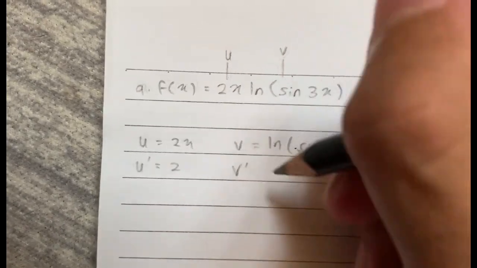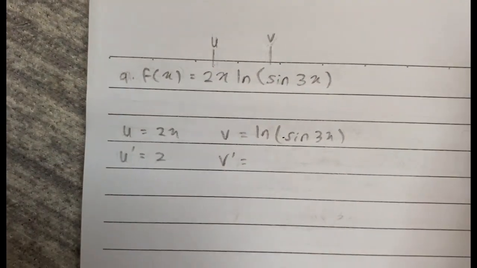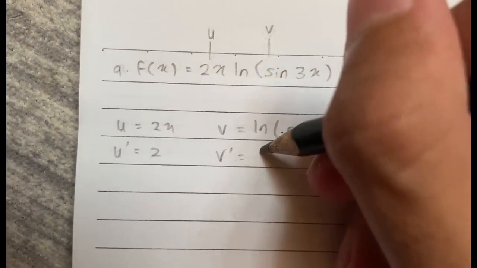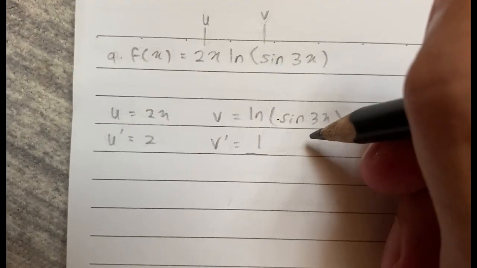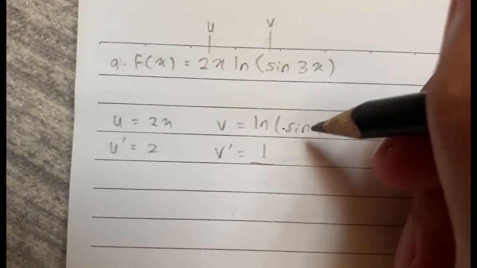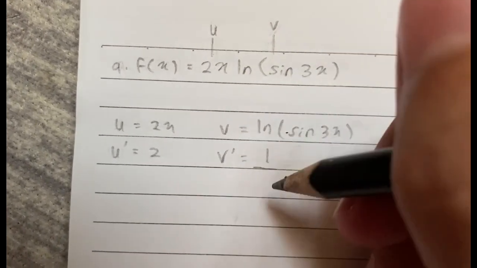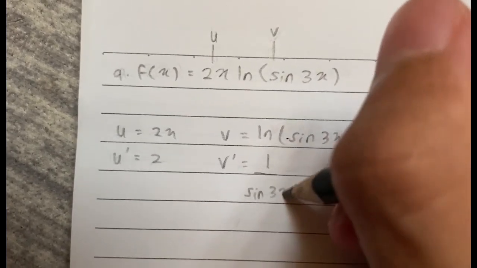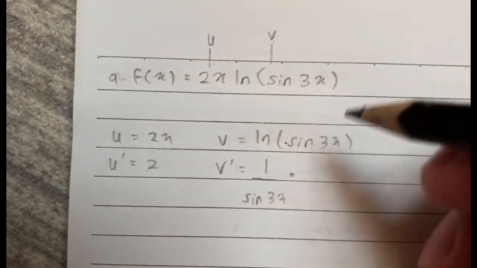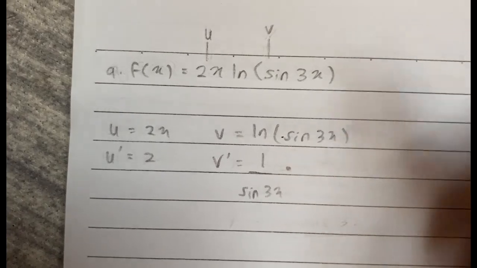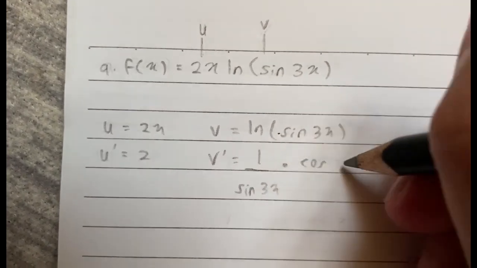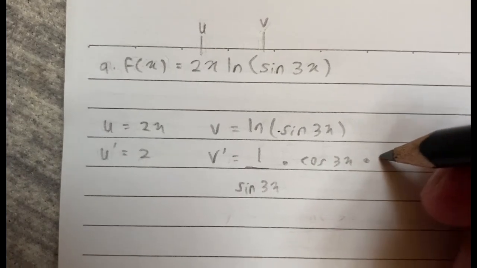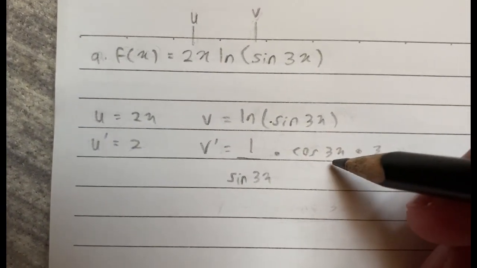To find v prime, we differentiate ln and get 1 over its argument, so we put sin 3x on the denominator and get 1 over sin 3x. Multiply by the derivative of sin 3x, which is cos 3x, and then we multiply by 3 because we can see this 3.